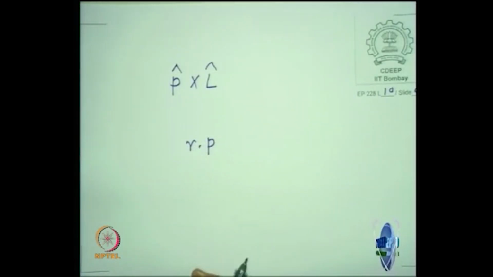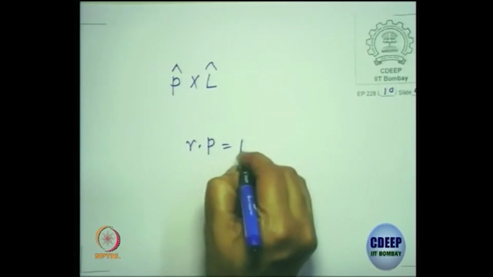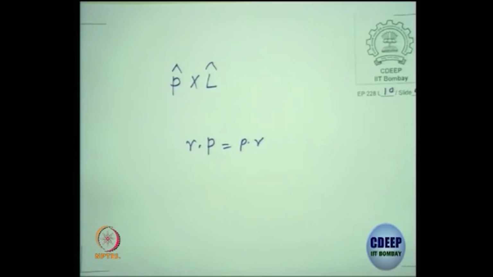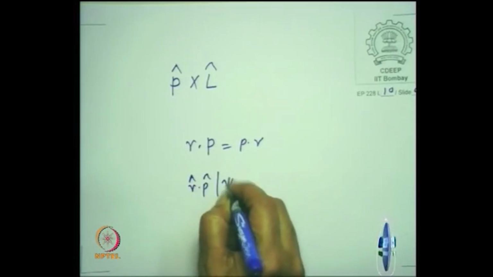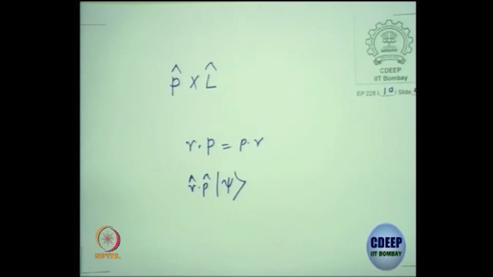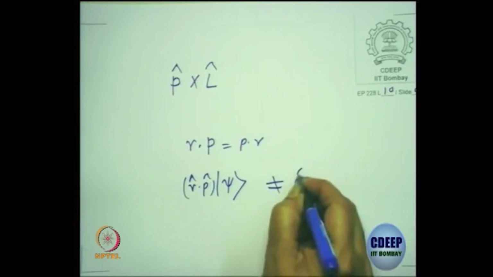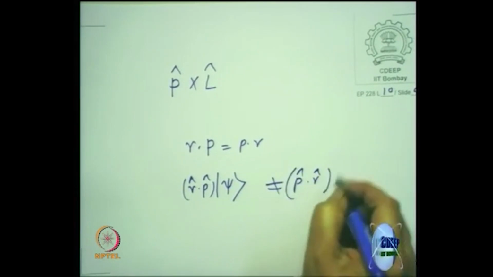Classically, you are allowed to do this. R dot P is the same as P dot R. But quantum mechanically, R dot P operating on a state psi, is it the same? Don't take R as a unit vector for now. It's not the same as P dot R on psi.